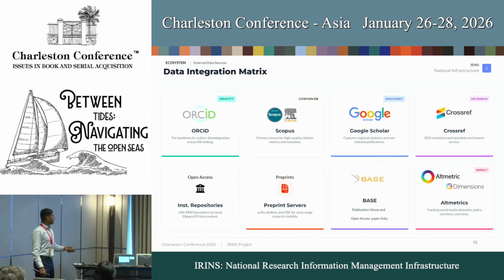Then the data integration matrix, as I mentioned: we have integrated with ORCID ID to import the publications. We also integrated with Scopus for publication, citation, as well as other metrics. Google Scholar is used to import only citation metrics, because sometimes Google Scholar does some kind of duplication. To avoid that, we bring only the citation metrics. From Crossref, based on DOI, we bring citation and affiliation related information.